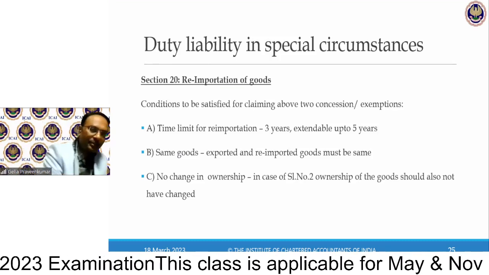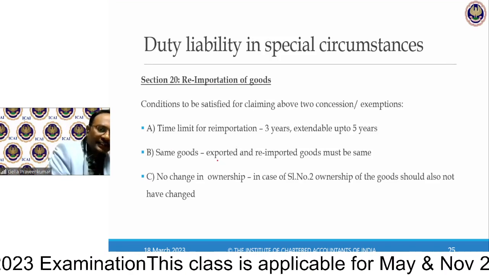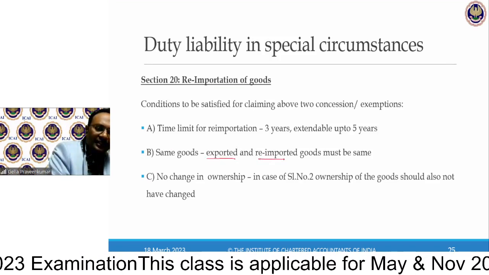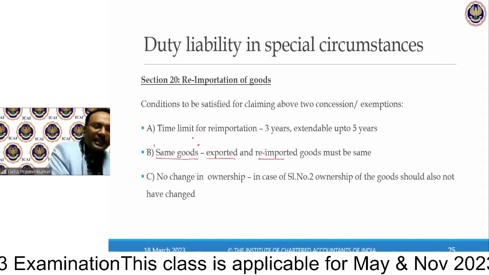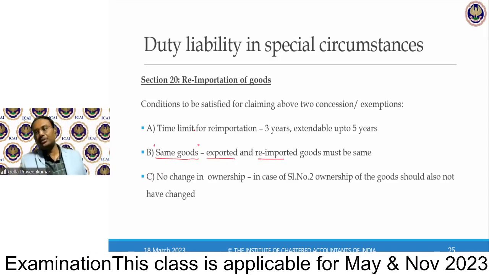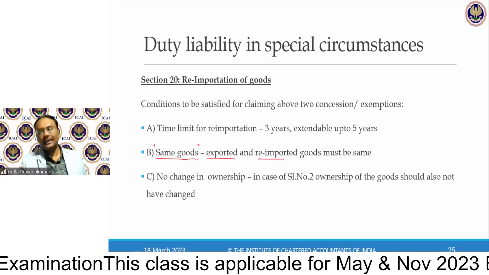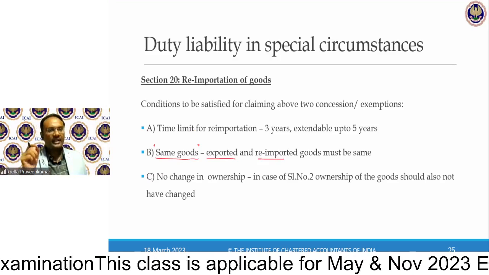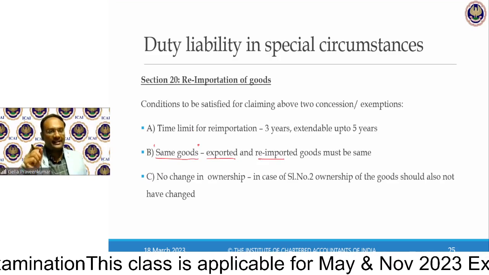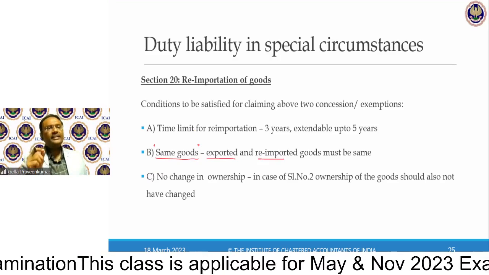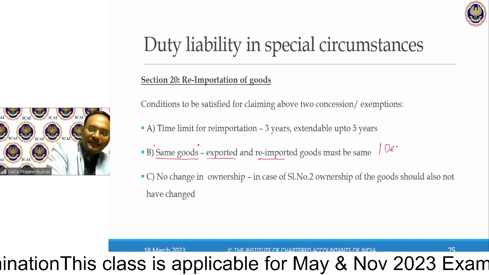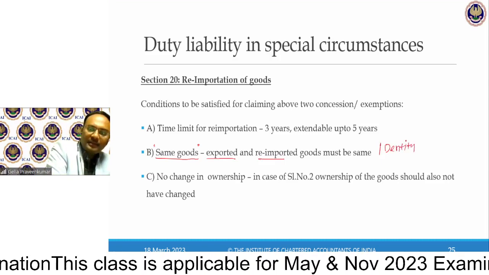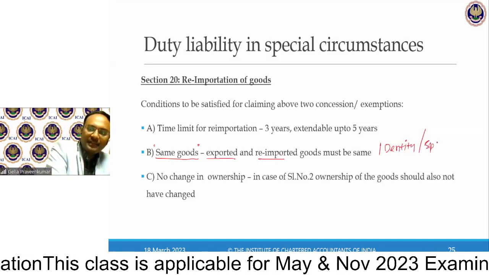Now, this is little important. The goods which are exported and goods which are re-imported should be the same. Now, it is a $1 million question. So how do we ensure that the goods are going to be the same? When I say same goods, these goods should have an identity, should have a specification which matches.